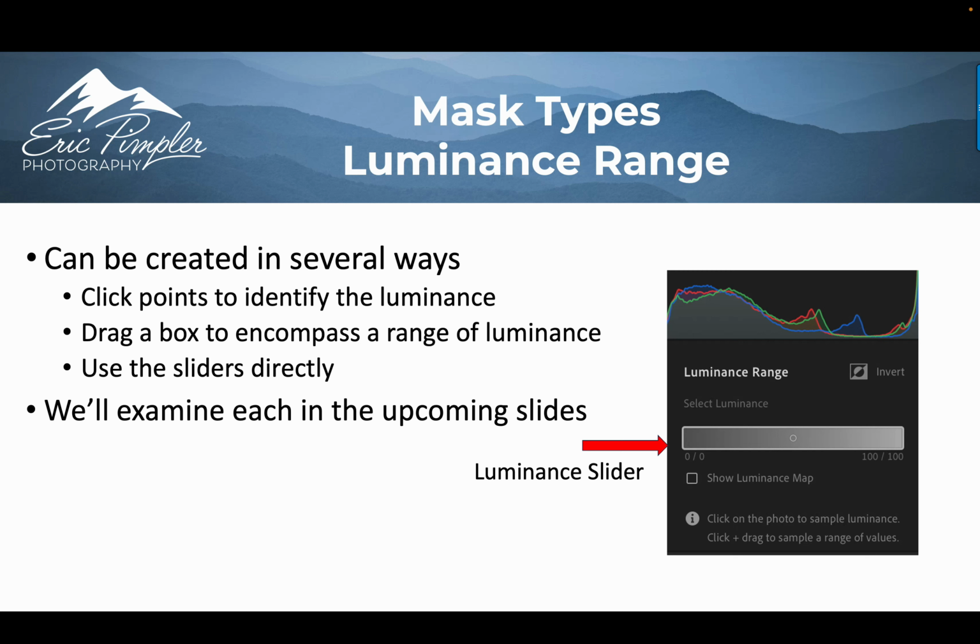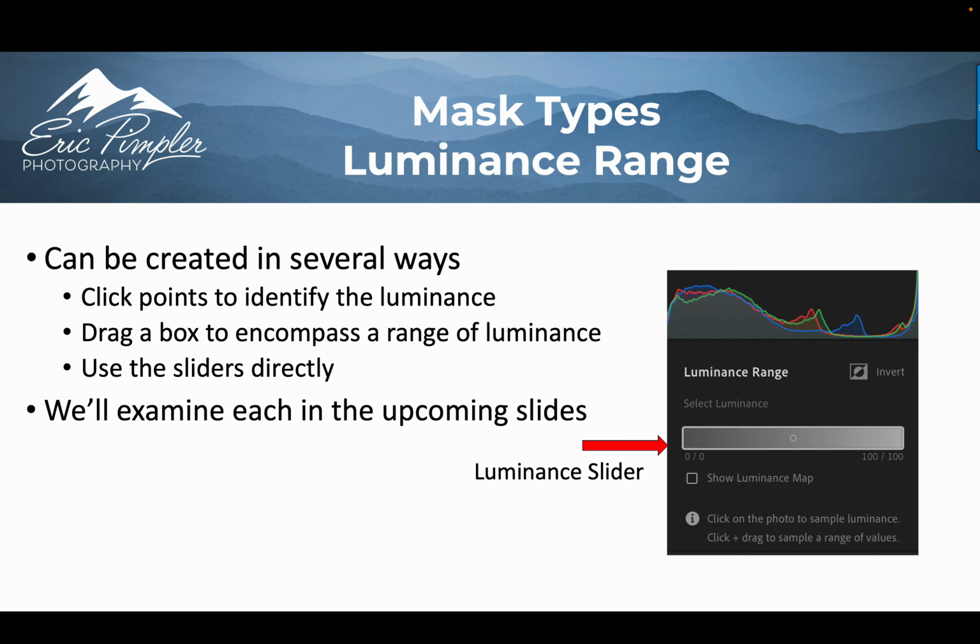You can also drag a box to encompass a range of luminance values. All you're doing there is dragging a rectangle on the screen, and it takes all of the luminance values within that rectangle and includes them in the mask that gets created. Alternatively, you can simply use the sliders directly.